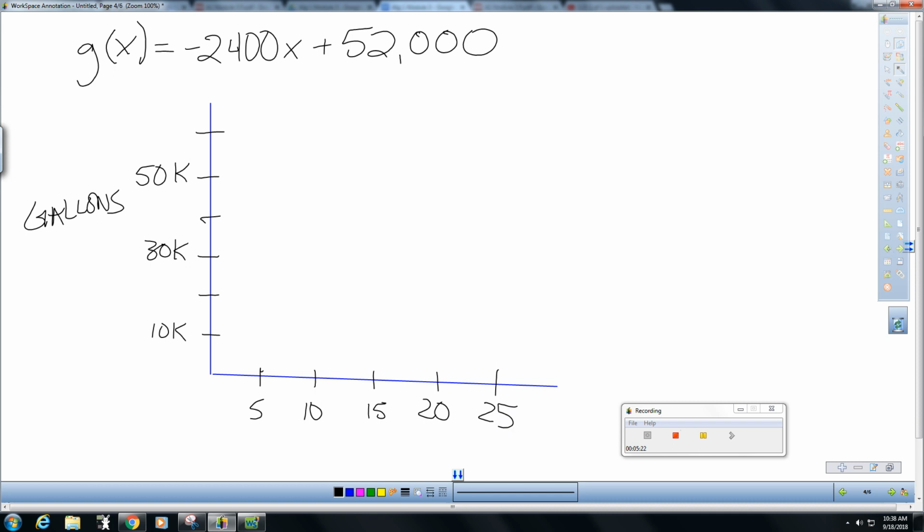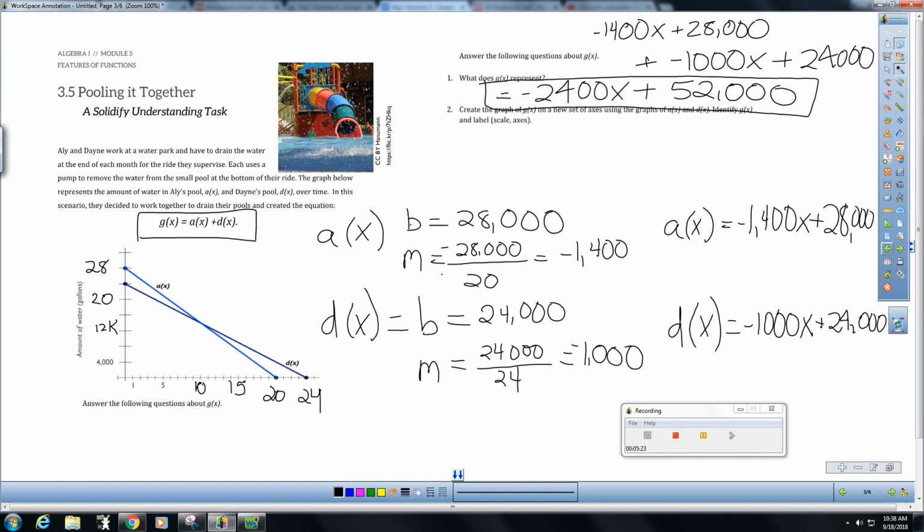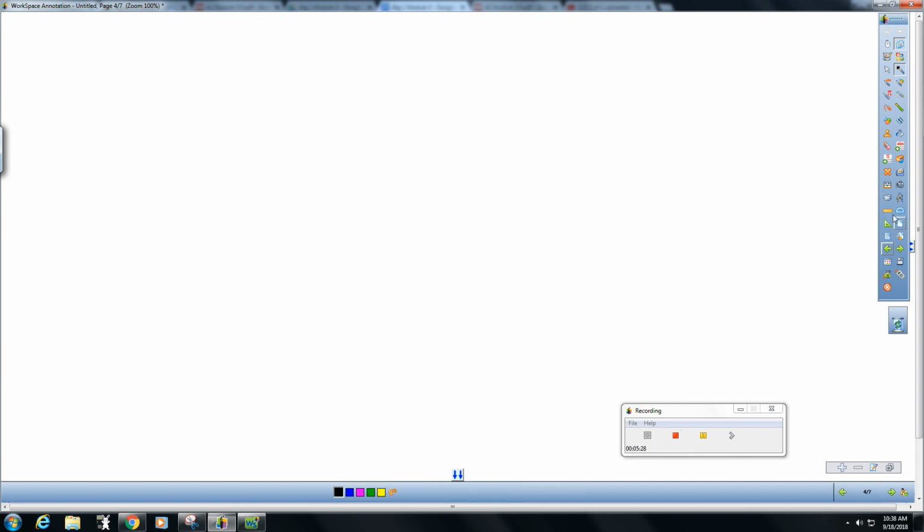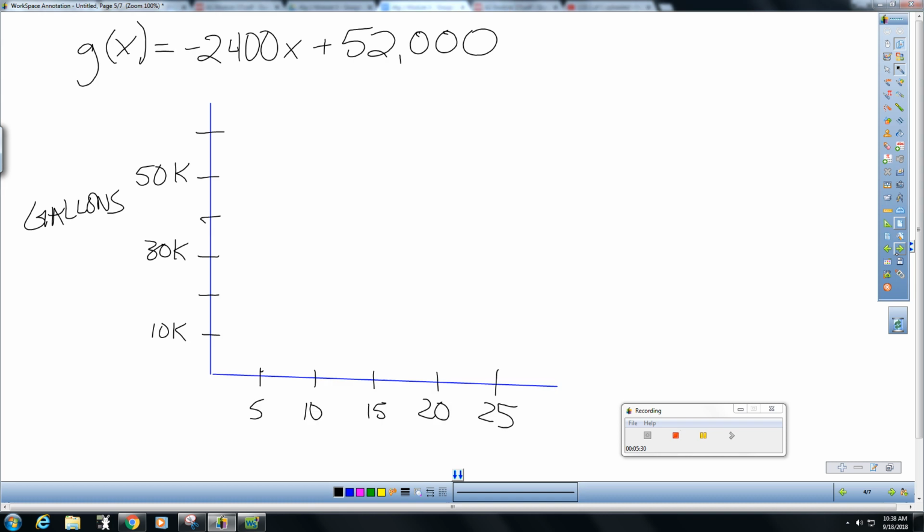Let's just copy these real quick. A of x goes from 28 to 20. Whoops. A of x goes from 28 to just a little shorter to 20. D of x goes from 24 to 24.